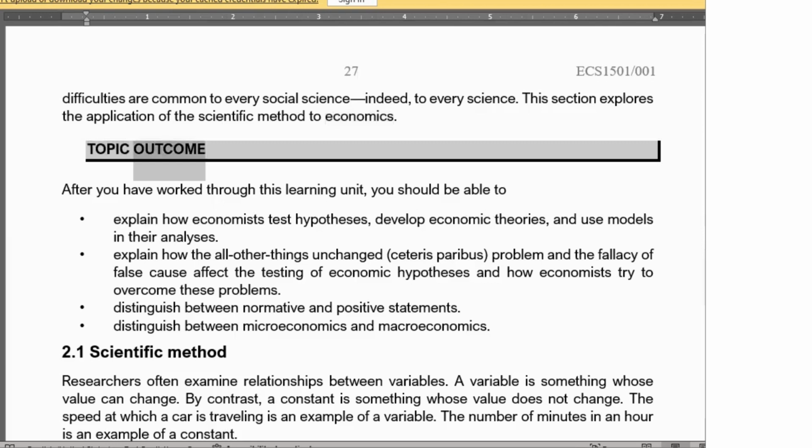Topic outcome. After you have worked through this learning unit, you should be able to explain how economists test hypotheses, develop economic theories, and use models in their analyses.